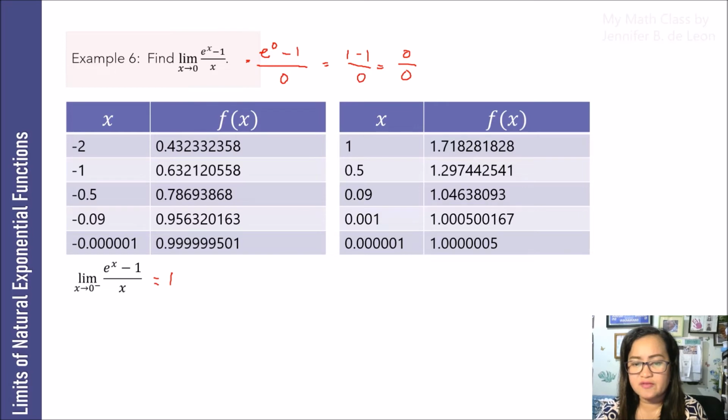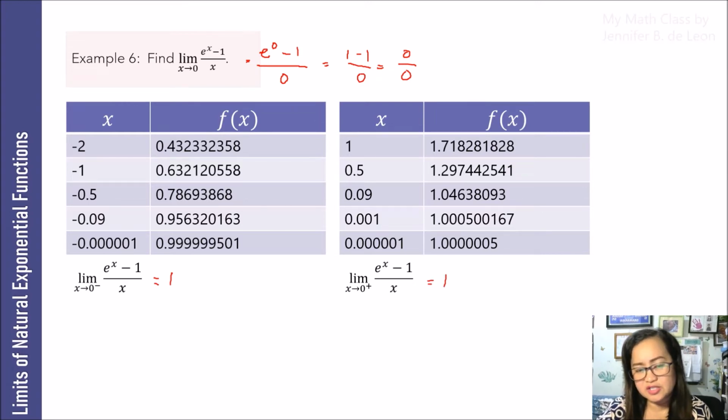As the value of x approaches 0, the value of f of x gets closer and closer to 1. So we can say that the limit of e raised to x minus 1 all over x as x approaches 0 from the right is 1.